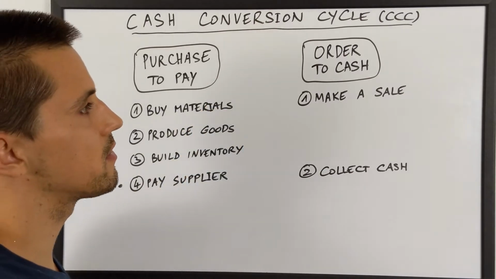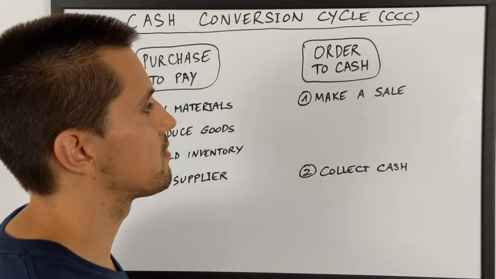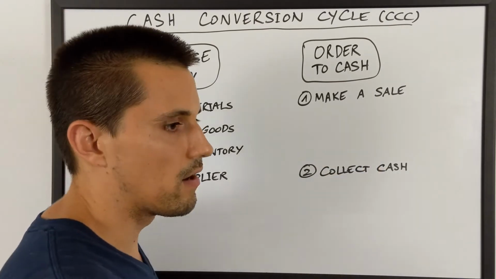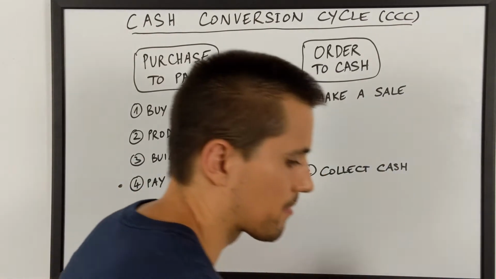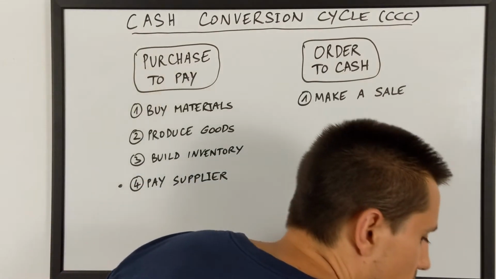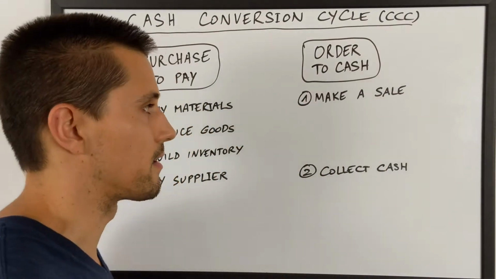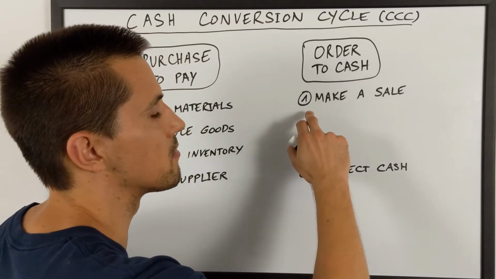Now, when it comes to the order to cash, same question, where is cash involved? Let's imagine someone purchases something at your store, and imagine you are selling 1,000 of these bottles because you're a wholesaler. You're not gonna get the cash directly, right? Because that's how it usually works with big companies.